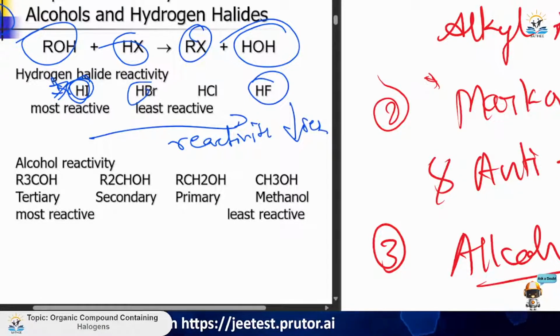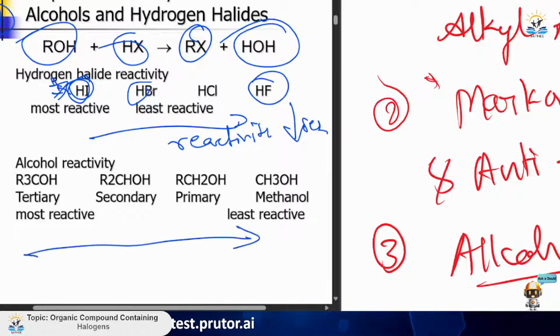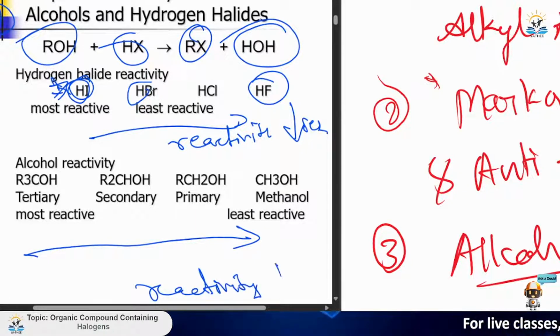Now if we talk about alcohol reactivity, as we go down the number of carbon atoms connected to the alcohol carbon, reactivity decreases. So in both scenarios we have a decrease in reactivity.